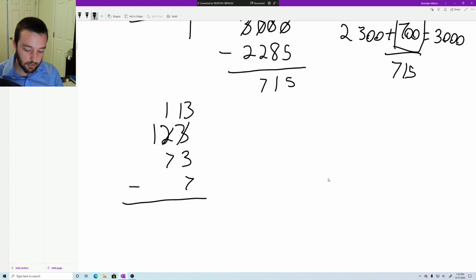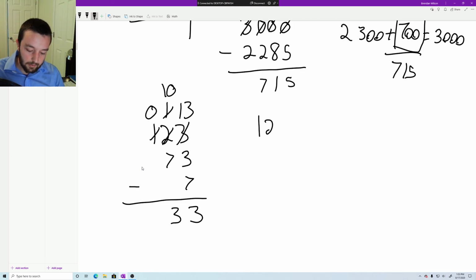So 13 minus 3 is 10, minus 7 is 3. Now we need to borrow again, right? And then we do 10 minus 7, sorry, 10 minus 7 is 3. And we get 33. So it does work, but you have to have a little bit of foresight. Like you have to know that, okay, you need to borrow in this first step in order to get this to work.